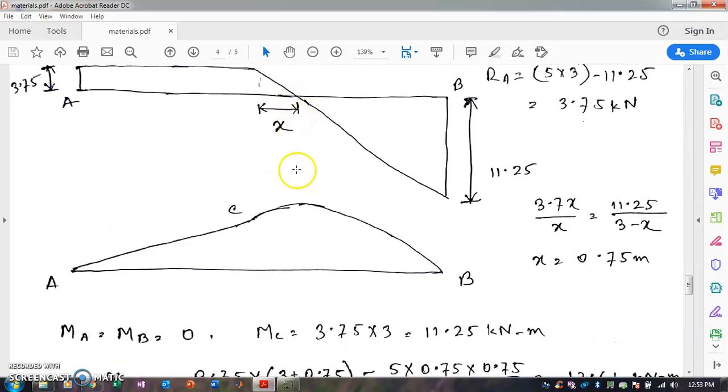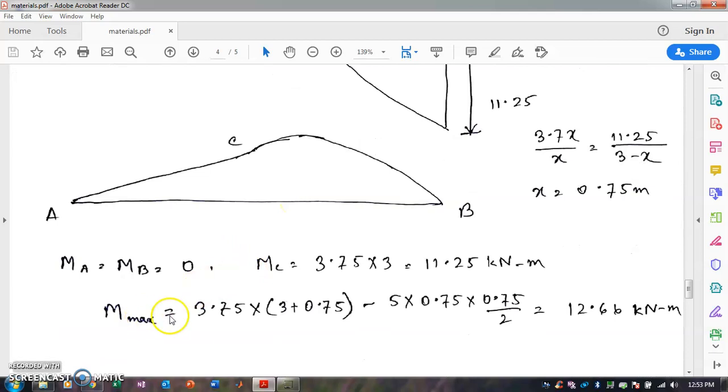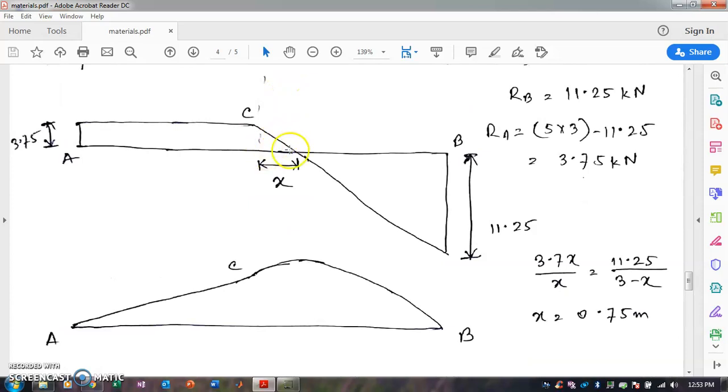Suppose it is point B, so what will be the bending moment about this point? Here it is calculated from this side: the moment due to force 3.75 is 3.75 into the distance, that is 3 plus 0.75, minus the moment due to this portion. How much moment is this portion?